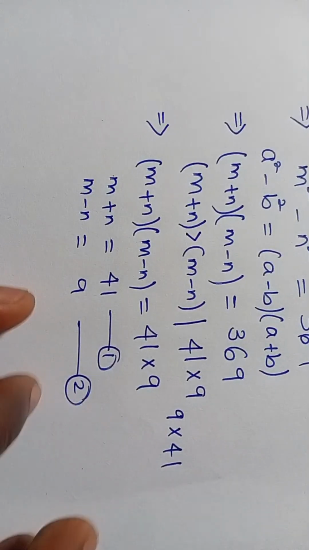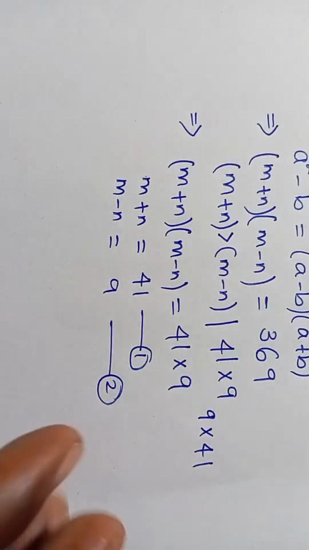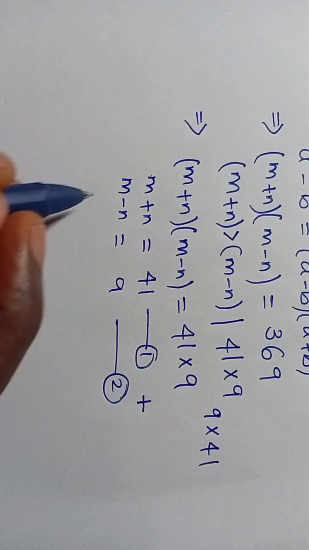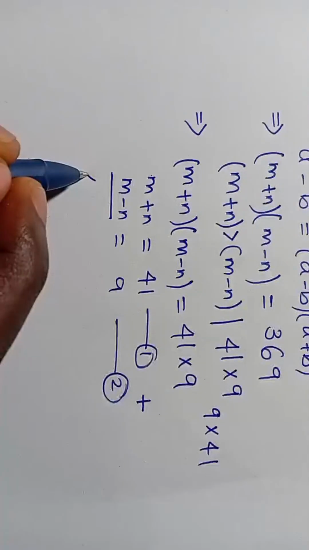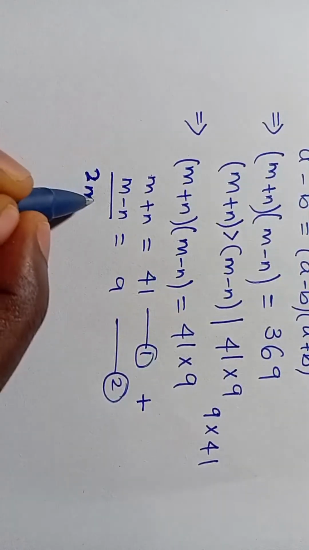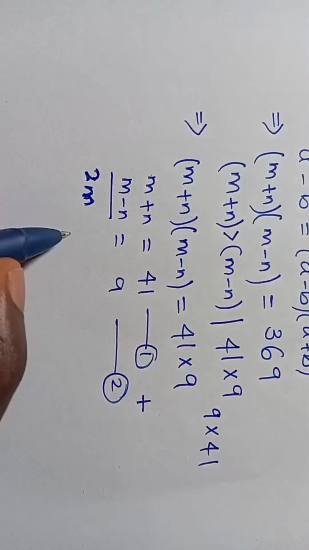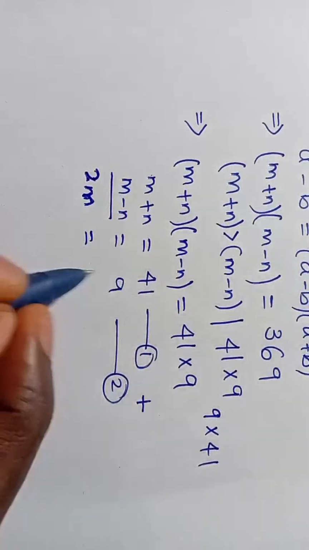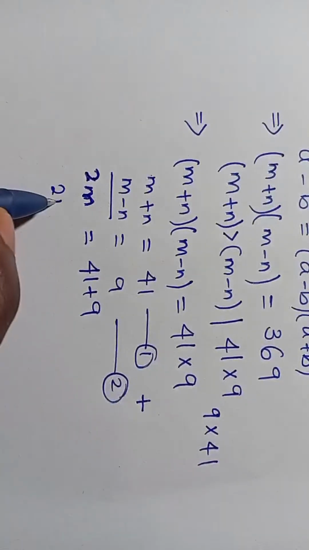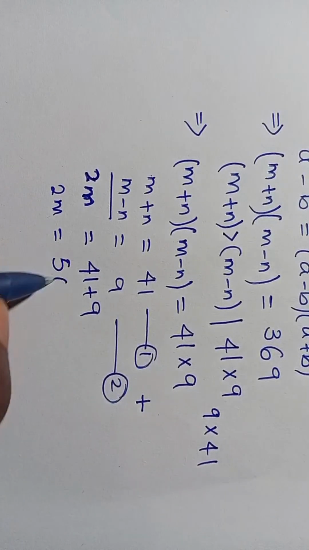Now, by solving equations 1 and 2 simultaneously, let's add first. So when we add, we have 2m will be equal to 41 plus 9. 2m will be equal to 50.